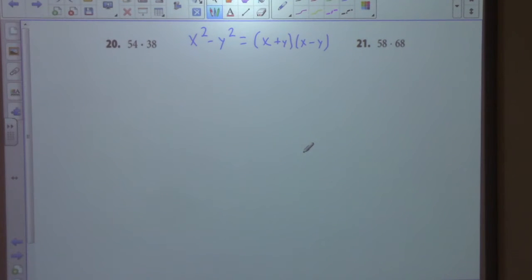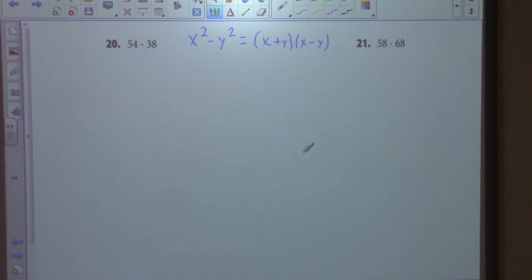No, what's x and y going to be? What do you got to do for x? Is it the square root of 54? Or is it going to be 50?